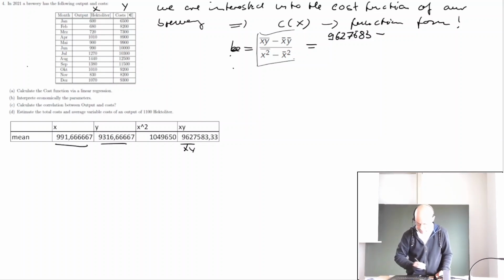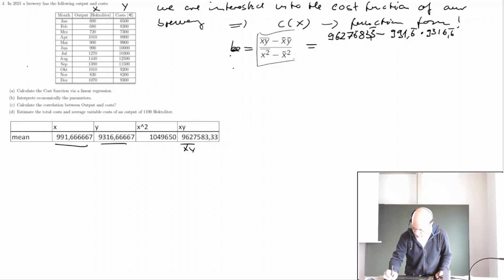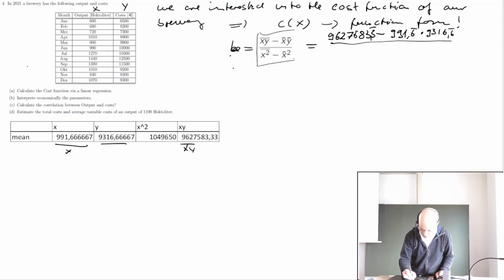So these two numbers multiplied, 9,916 times 9,316, divided by, so this is x bar, y bar, and this is x squared bar.